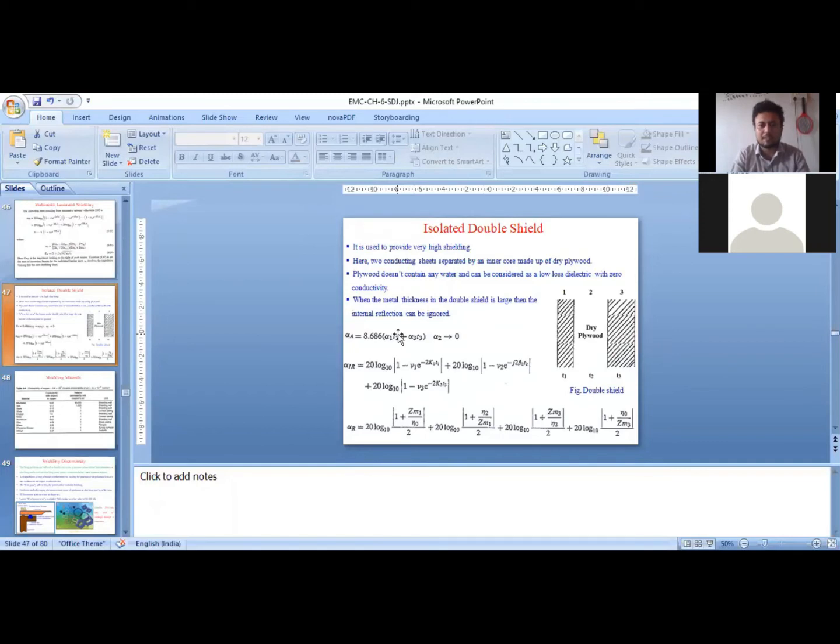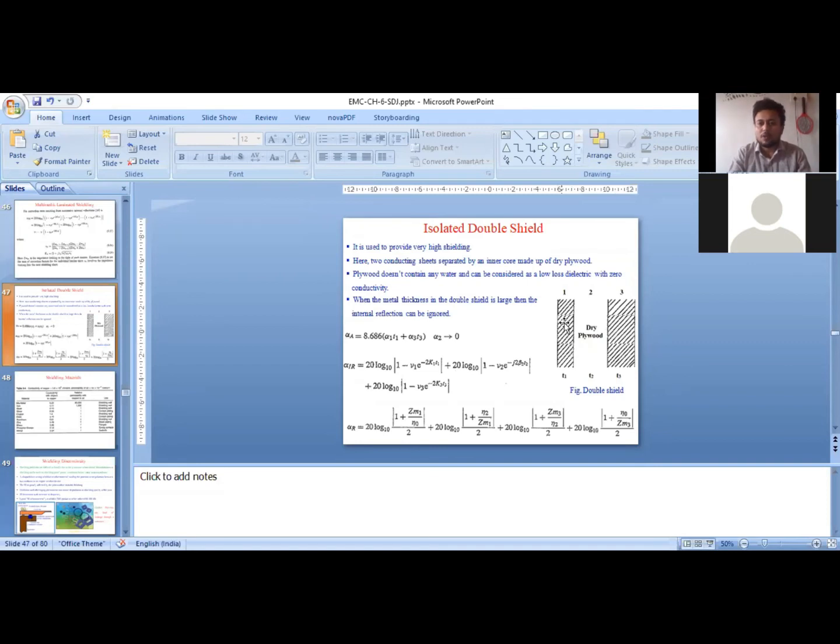Again, the three losses they have calculated: absorption loss, the internal reflection loss, and reflection loss. It is the same as the previous case. Absorption loss is the attenuation of the wave along the length of the conductor: alpha 1 T1 plus alpha 2 T2 plus alpha 3 T3. You can multiply it by 8.686 to get it in dB.